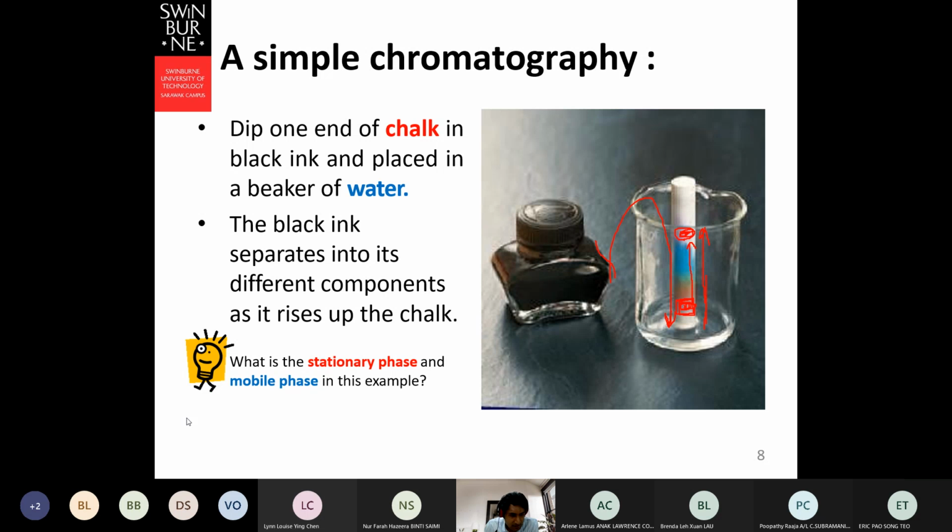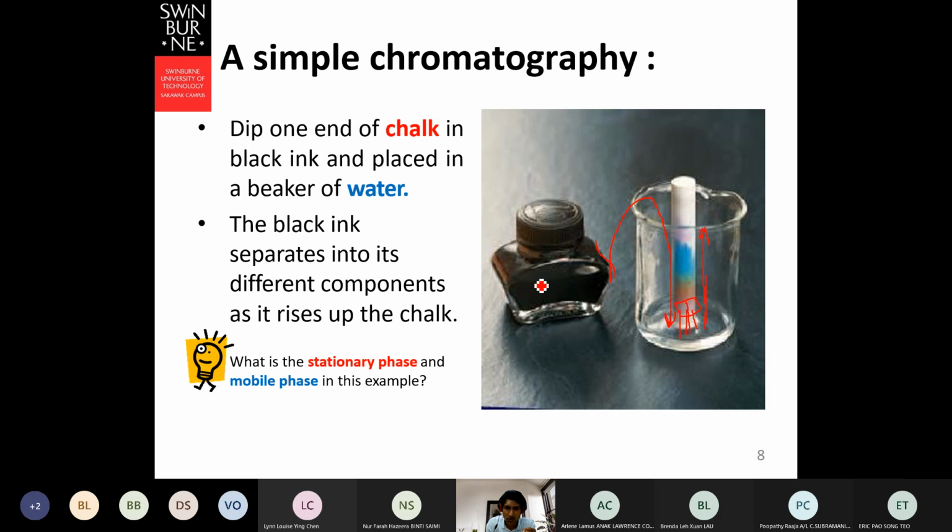So once again, this purple color here likes to bind with the chalk more than it binds with the water. And that is why when it comes in contact with the chalk, it holds on to the chalk. And the water molecules are passing through it to go to the top, right?